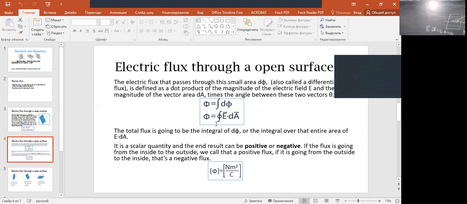So the unit of the electric flux is E multiplied by A. So it is Newton multiplied by meter squared divided by Coulomb. This is the unit of the electric flux.